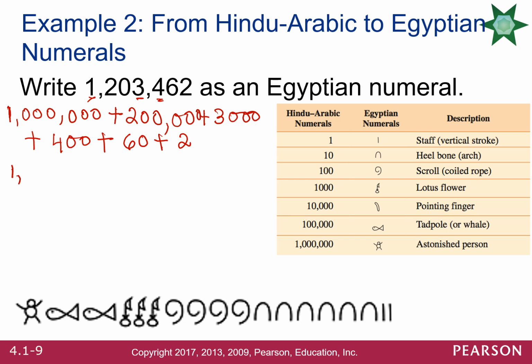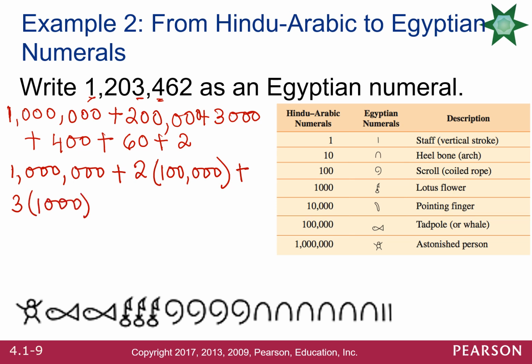So 1 million is fine. All right. 1 million. And then I'm going to just use a little bit of shortcut here. So 2 times 100,000. So that will tell us that there are 2 100,000s. All right. And then plus 3 1,000s. There are 3 1,000s. And then there are 4 100s. All right.